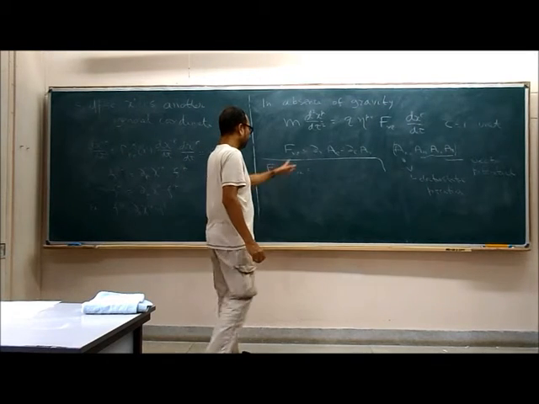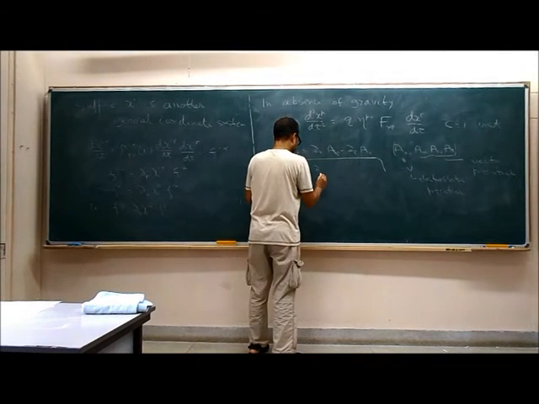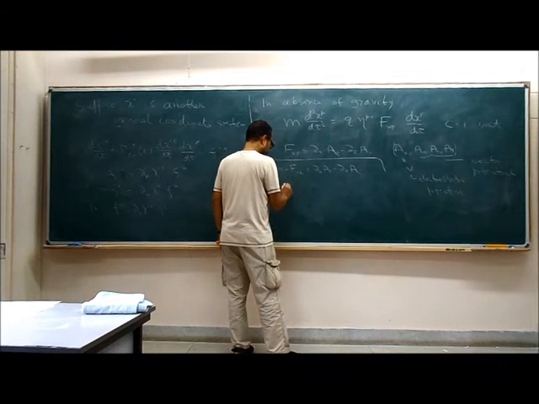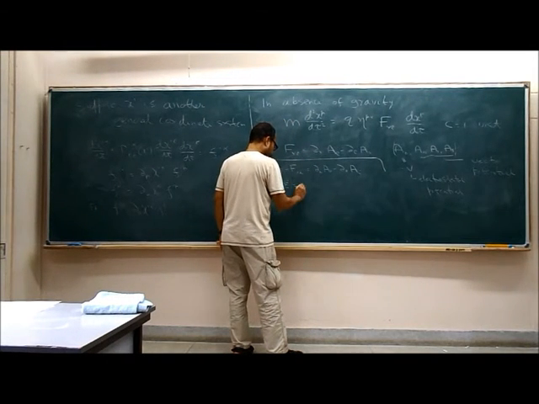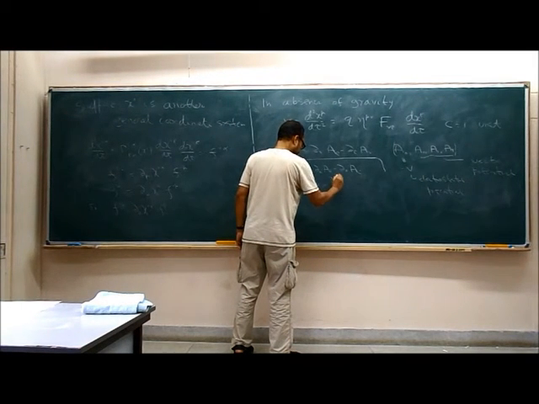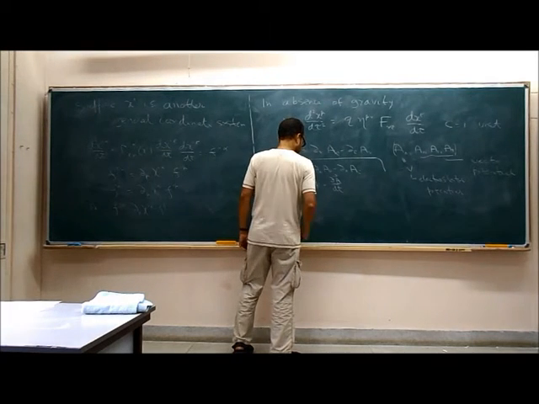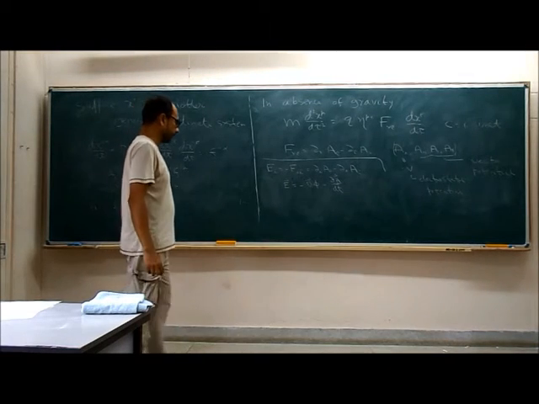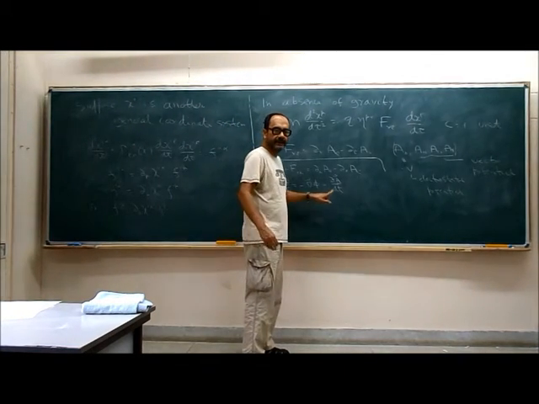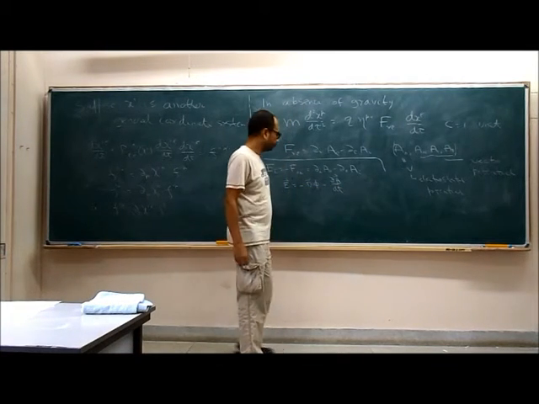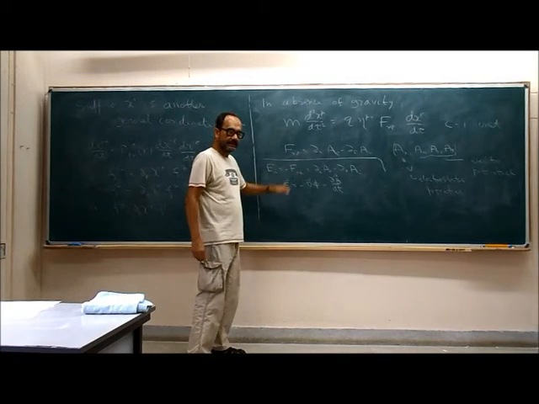So minus F_0i according to this will be del_i A_0 minus del_0 A_i, which translates to E equal to minus grad phi minus del A by del t. This is the familiar expression for the electric field in terms of the scalar and vector potential in electromagnetism. So E_i, that's the definition.